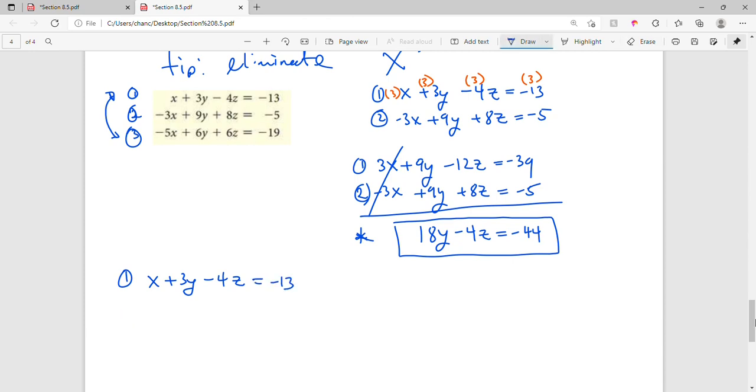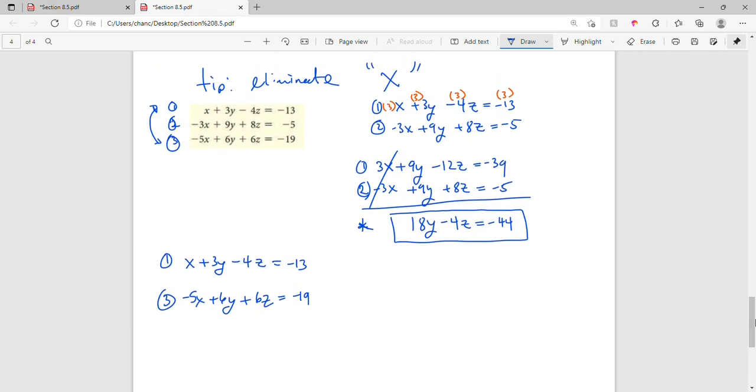We're just going to copy equation 1 and equation 3 on top of one another here. Okay, so now we can eliminate the x because that's our goal. We wanted to eliminate just the x variables, so we have two variables left. Let's multiply the top equation here by 5.